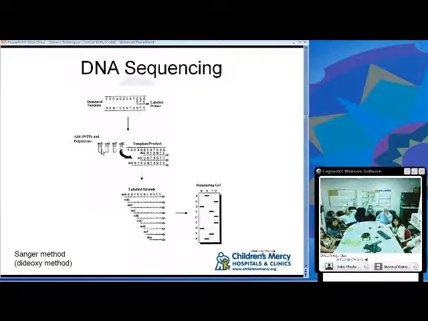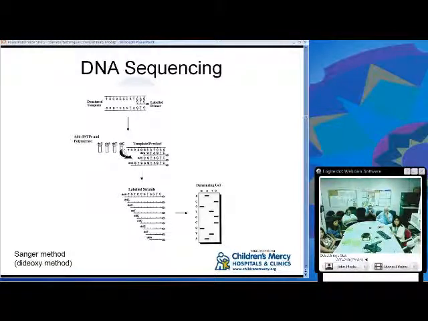And at the 3' end of the chain is a hydrogen instead of an OH group, so that when polymerase picks up a dideoxynucleotide, then there's chain termination, so you can't get any more reading of that particular chain.